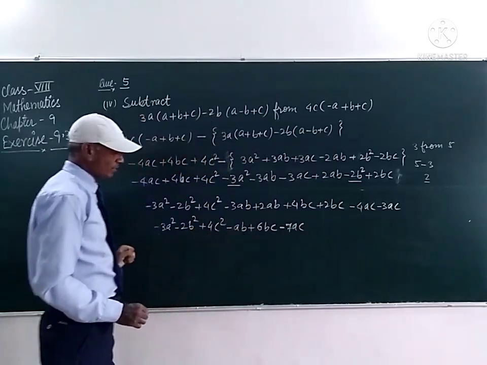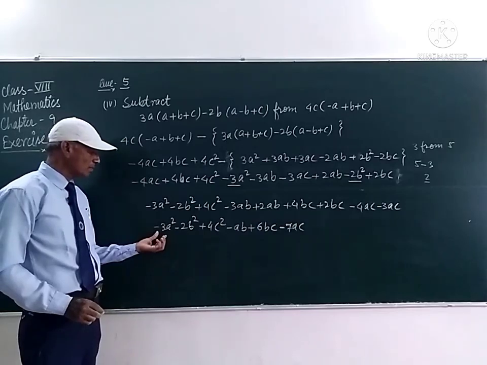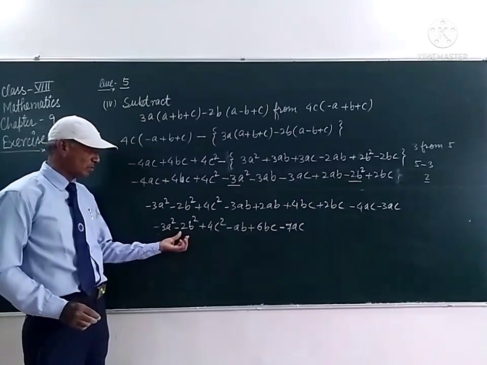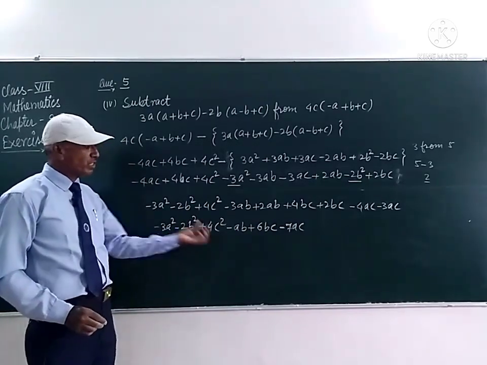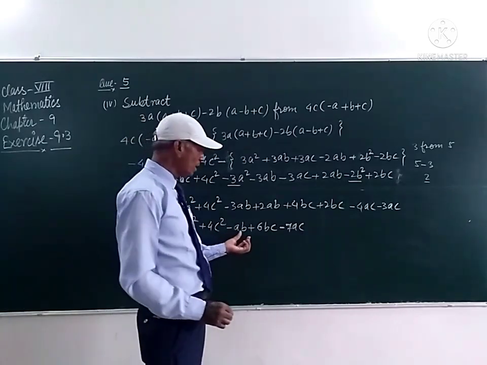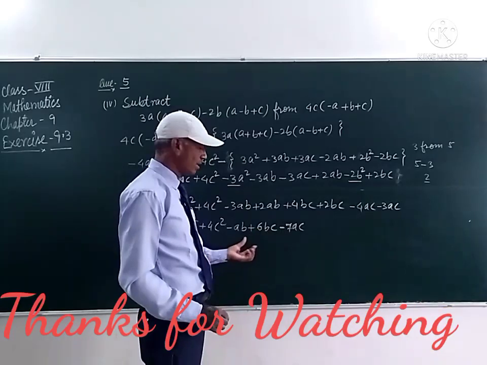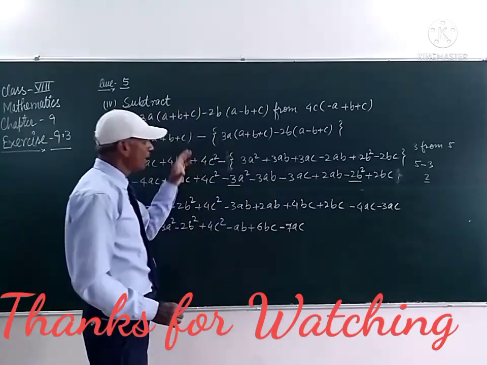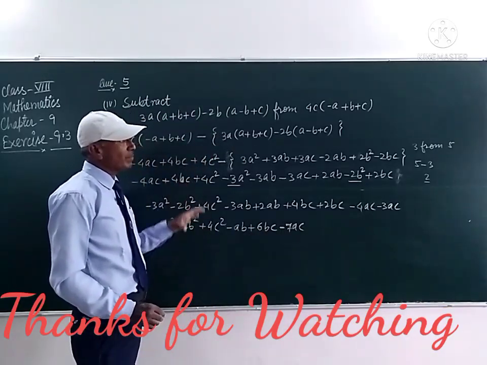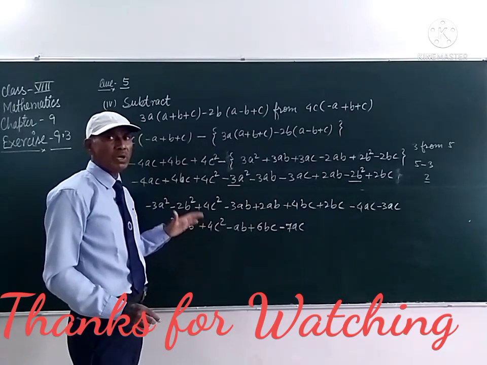This is the answer student, and in this one minus 3a square minus 2b square plus 4c square minus ab plus 6bc minus 7ac. This is the answer of this question student, and second part of this question you have to do yourself.